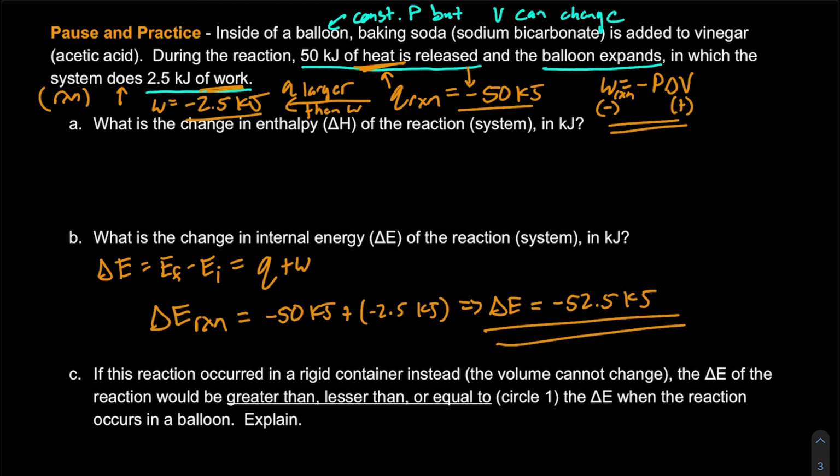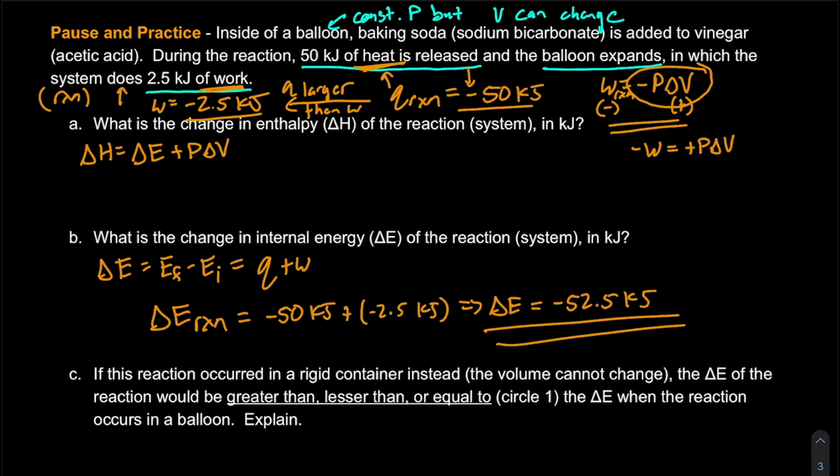Now let's jump back to enthalpy change. We said our enthalpy change is equal to our change in internal energy plus pressure times our change in volume. That looks a lot like P delta V. If we make this negative W, that is equal to positive P delta V, right?